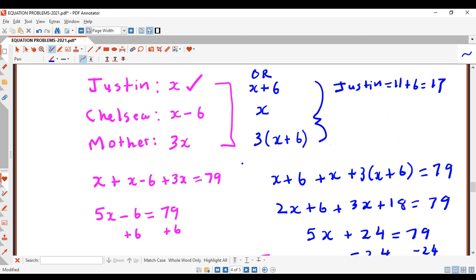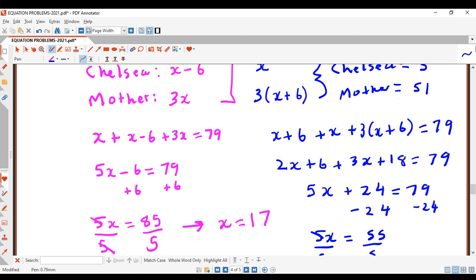Okay, so Chelsea, right, she'll be 11 minus 6, which is 5, and then the mother, when you put 11 plus 6, you get 17. She'll be 51. So how does that work out?